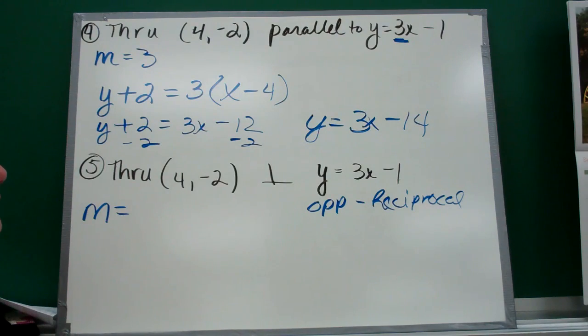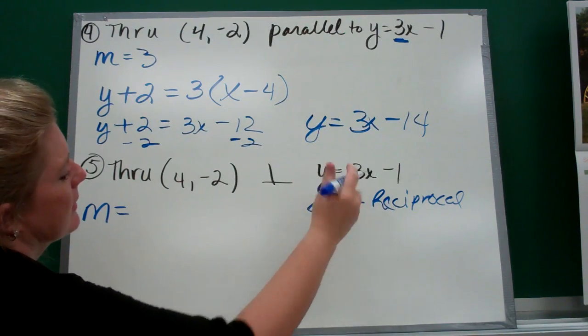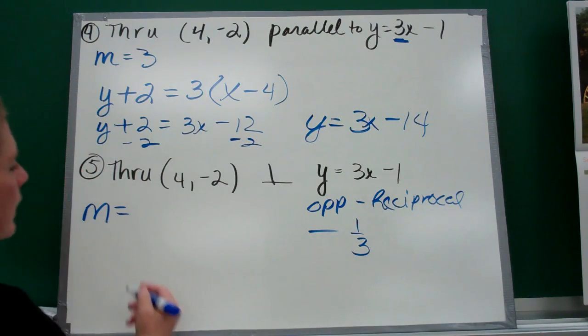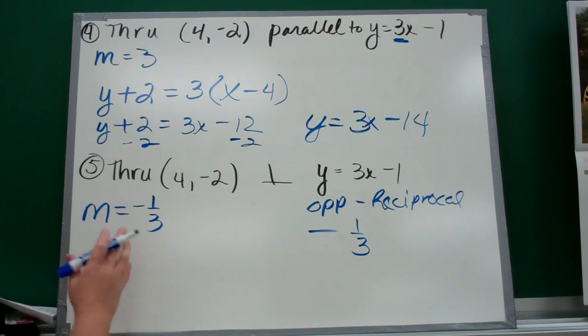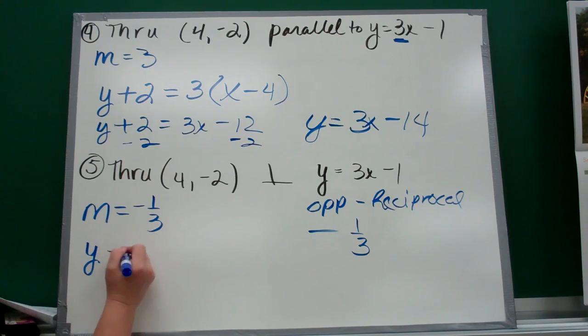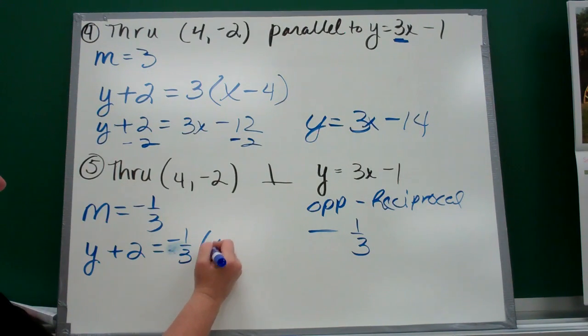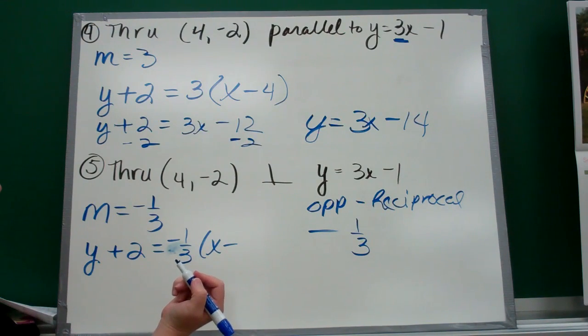Easiest thing: opposite, this one's positive, make it negative. The reciprocal, 1/3. So negative 1/3 is our slope. Let's go. Y minus negative 2 equals m, which is negative 1/3, times x minus 4.